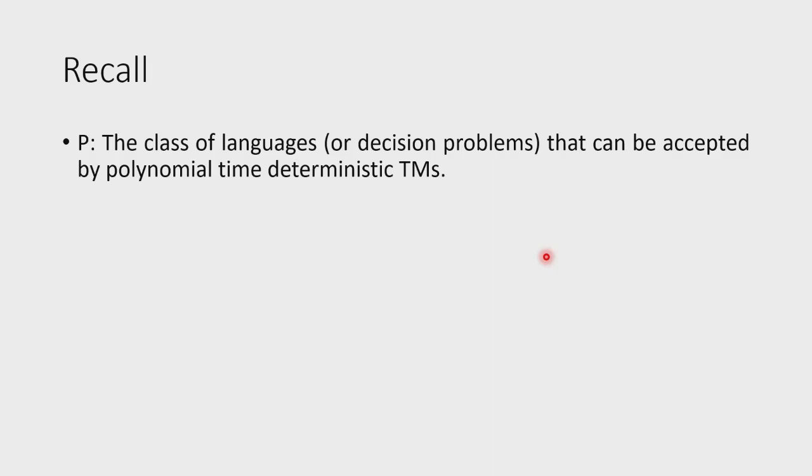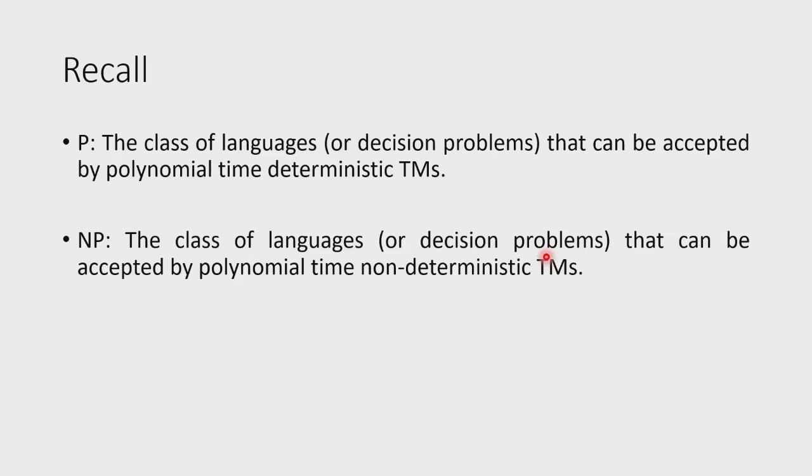The next thing we saw was the class NP, which is the class of languages or decision problems that can be accepted by polynomial time non-deterministic Turing machines. This is one definition of NP. You would have also seen an alternative definition. Can someone tell me what that is?